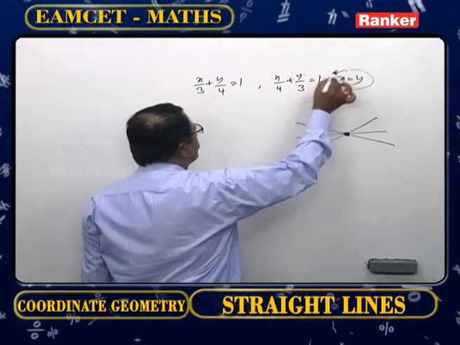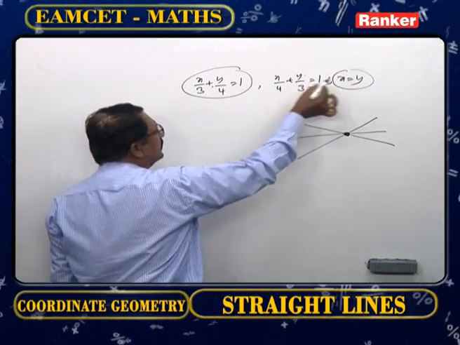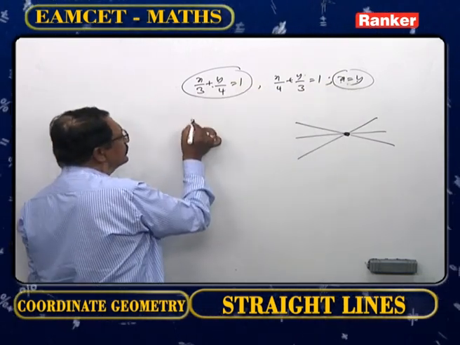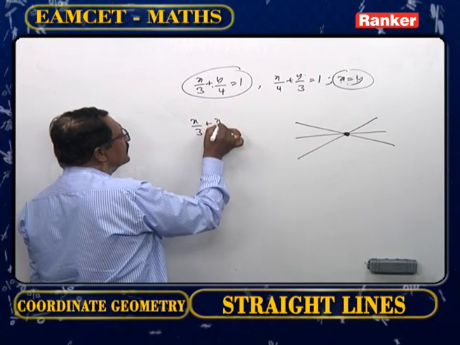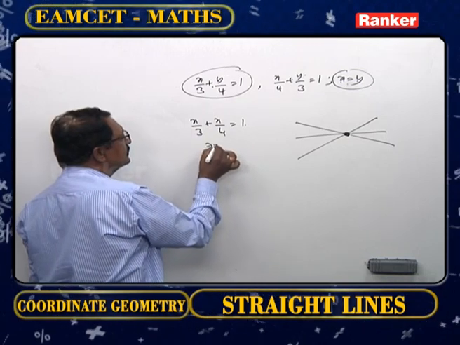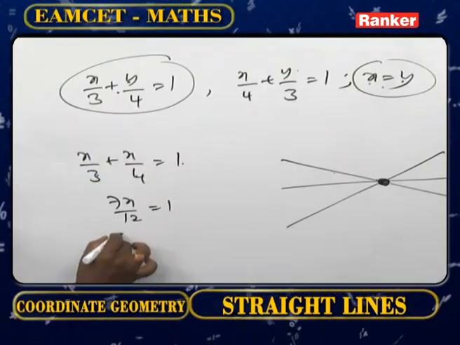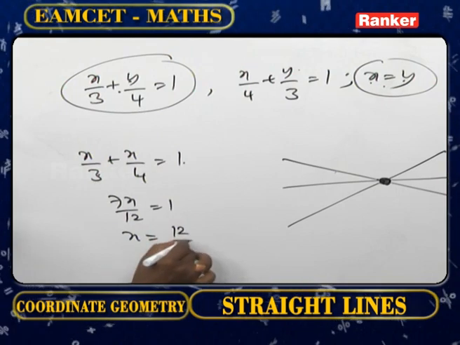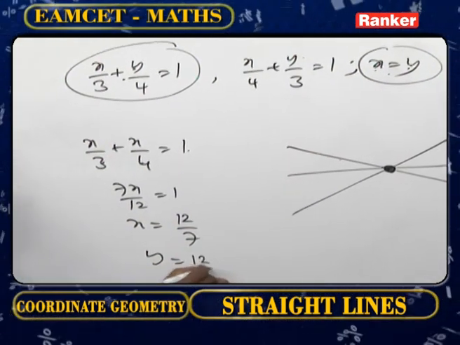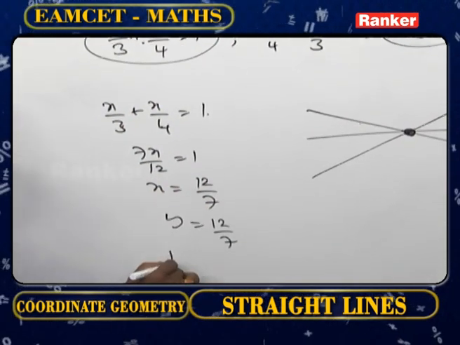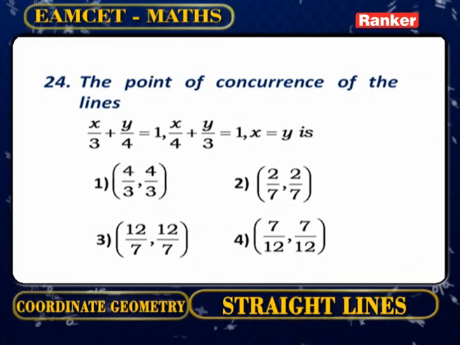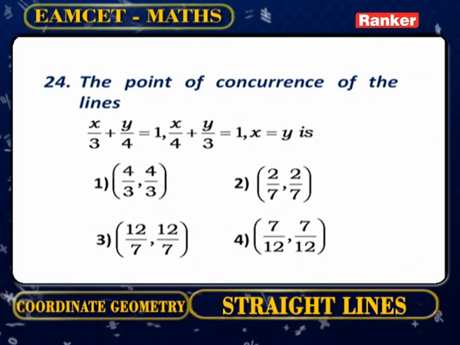Now, by solving 1 and 3, first line and third line, in the equation in place of y substitute x, we get x by 3 plus x by 4 equals 1, or 4x plus 3x, 7x by 12 equals 1. Now, x equals 12 by 7, but x equals y also. Now, y equals 12 by 7. Therefore, the point of concurrency is 12 by 7 comma 12 by 7.